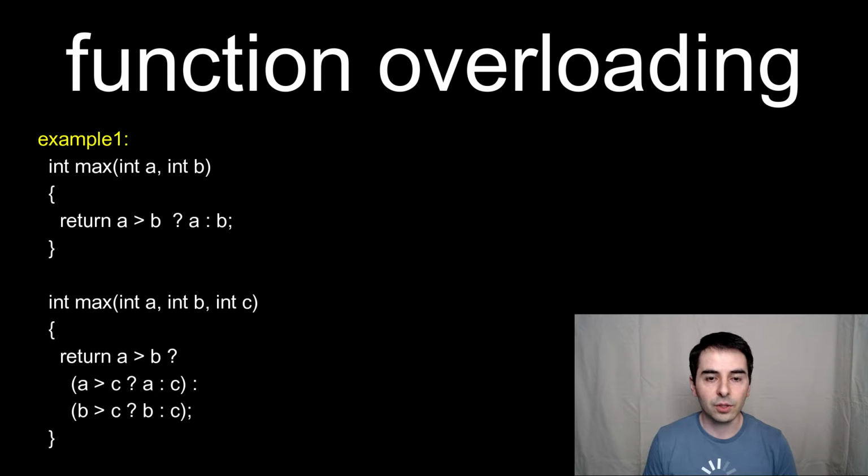So instead of calling the function that accepts two parameters twice to calculate the maximum of 3 numbers, you can write another function called max again, but it accepts 3 parameters now.